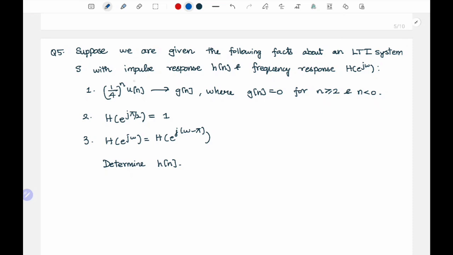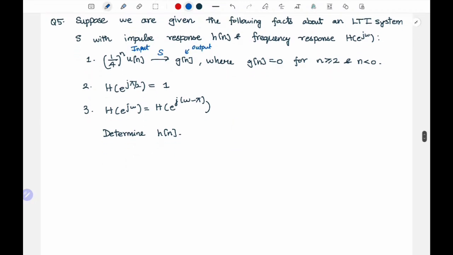So this is nothing but your input to the system. Let's say the system is S and this is your output. So it is not any kind of transformation or DTFT. Okay. And your H of e power j pi by 2 is going to be equal to 1. And your H of e power j omega is equal to H of e power j (omega minus pi).